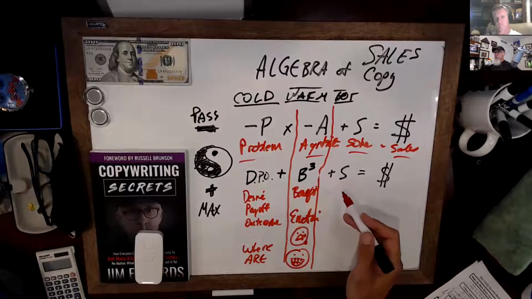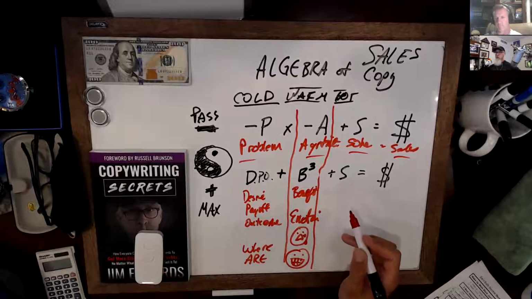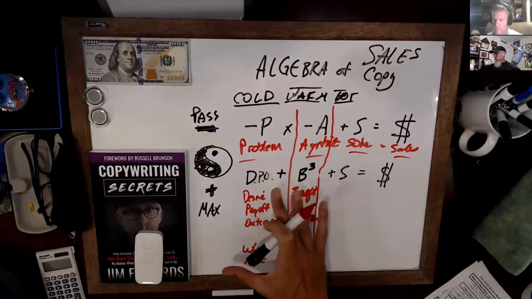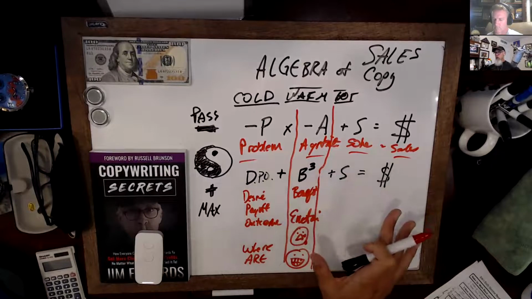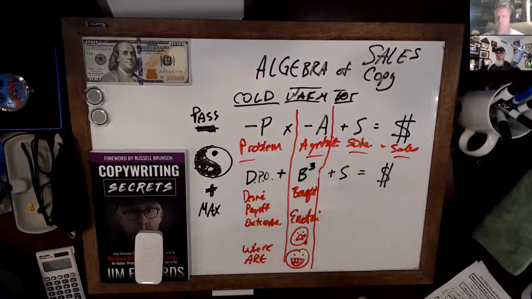This is the most important book you're going to read all year. This is the most important video you're going to watch all year. So this is used frequently. This formula is used to set the stage for them to absorb additional information, like a sales letter, a sales page, or getting them to click.